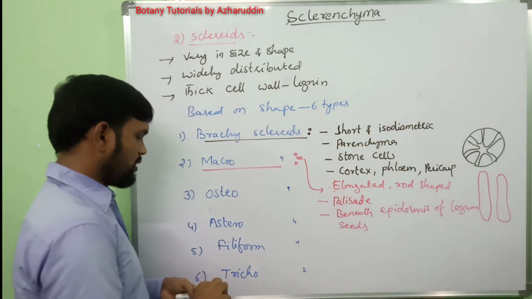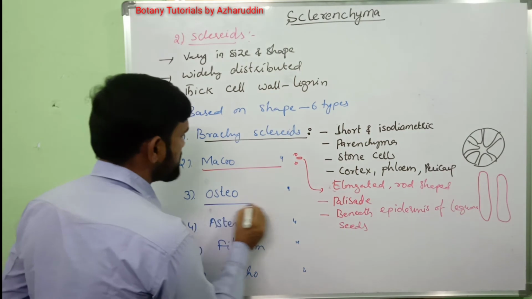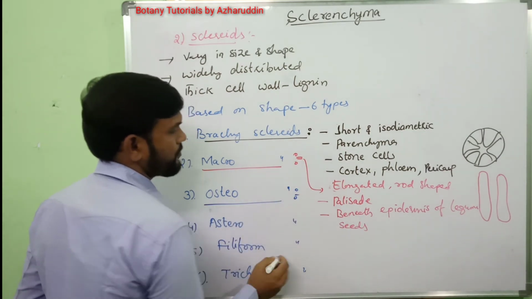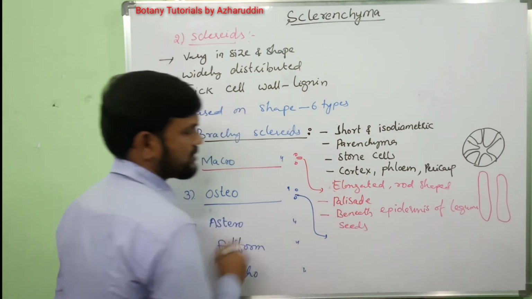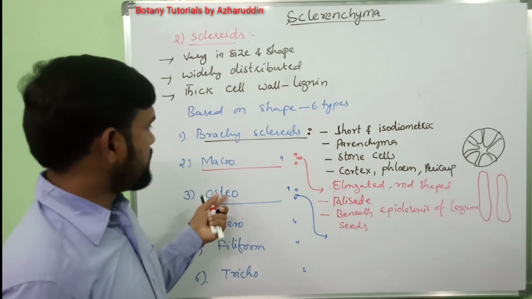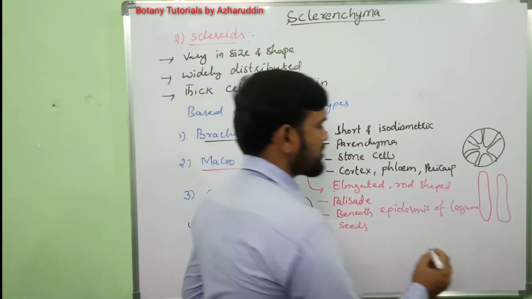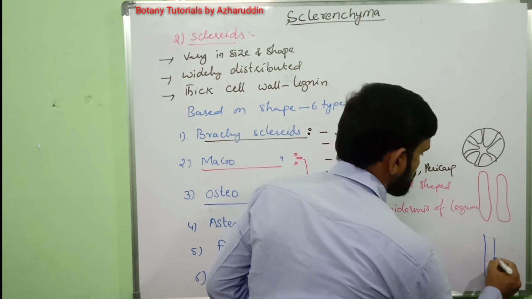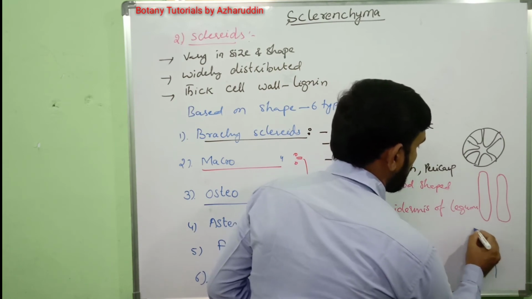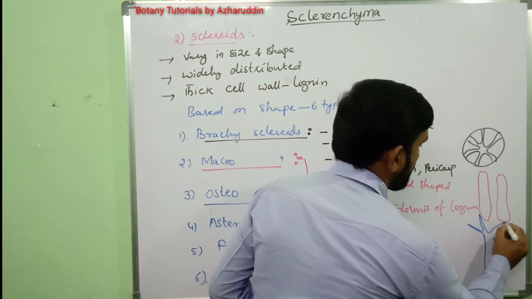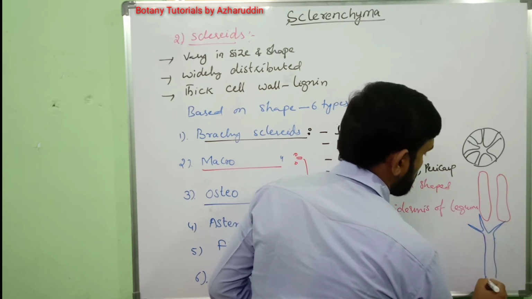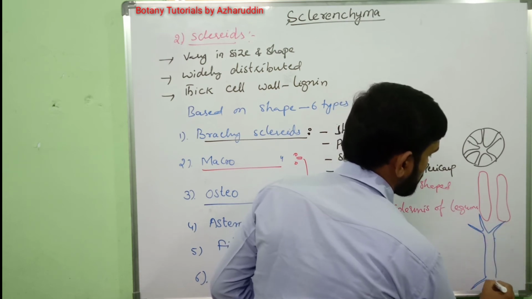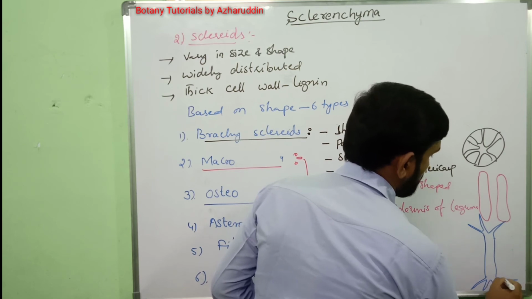Next, coming to the third type, osteosclereids. These are long columnar cells. This is an osteosclereid, with bulged ends.